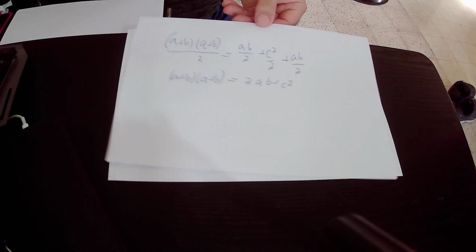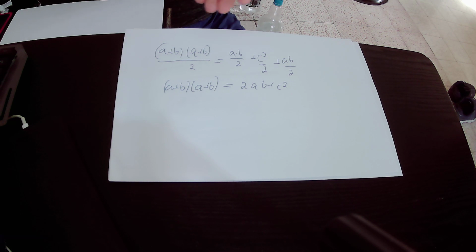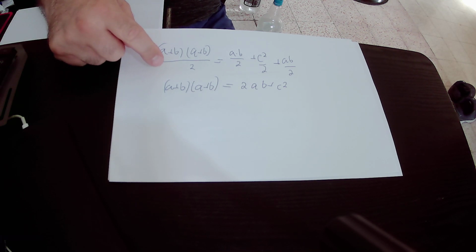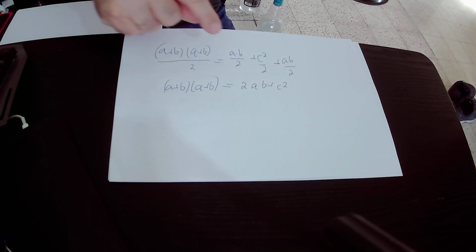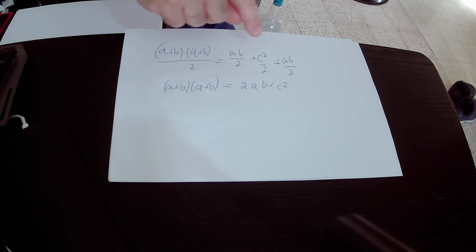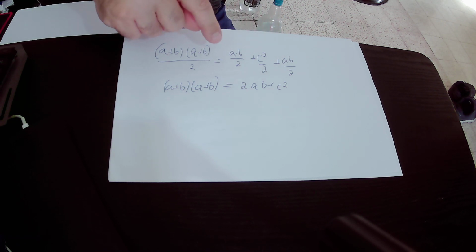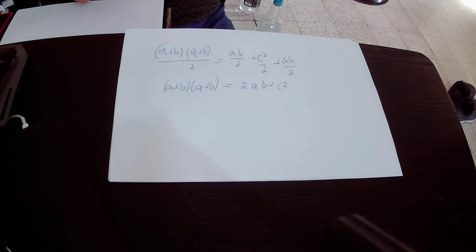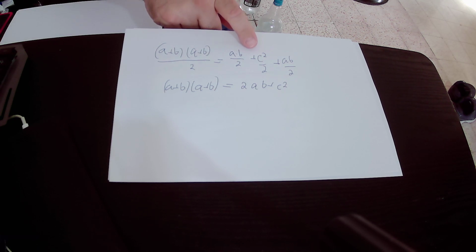When we multiply the two sides of the equation by 2, we get here that A plus B times A plus B equals AB plus AB, so it is 2AB plus C squared.